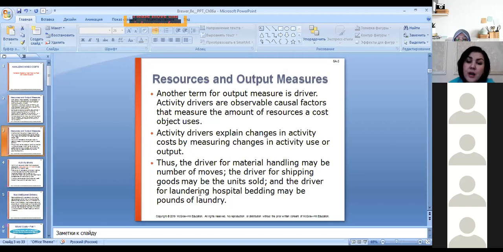And what is the driver for that laundering cost? Simply pounds of laundry or kilos of bedding. The higher the kilos of bedding we want to wash, the higher the laundering hospital costs are. So, got the point. What is a cost driver?